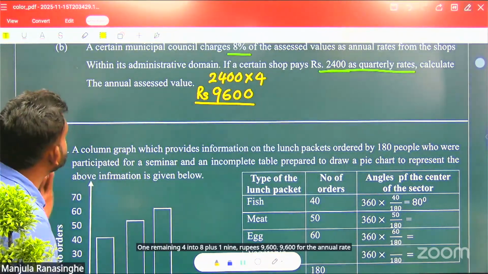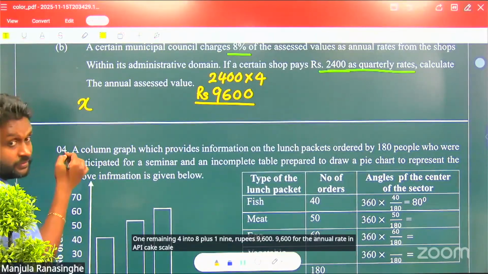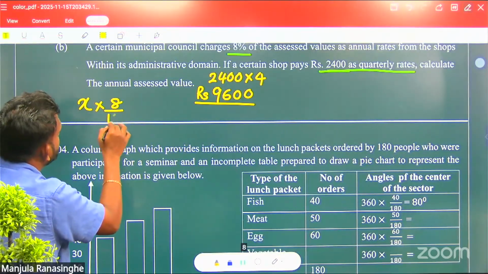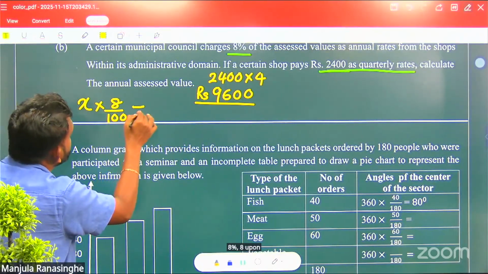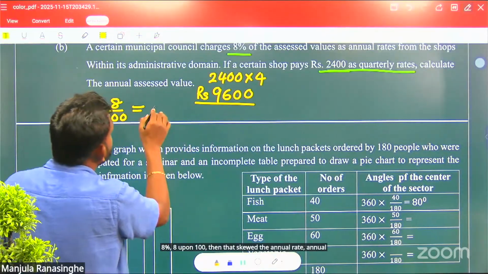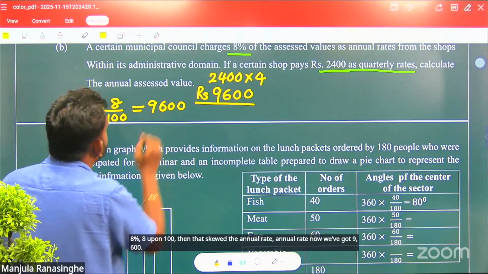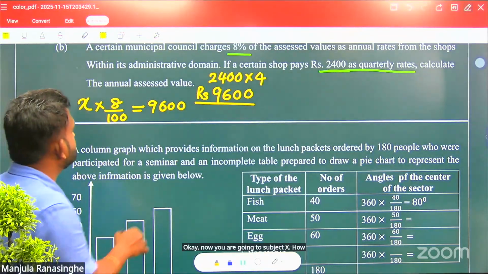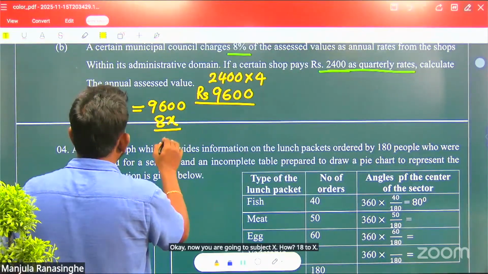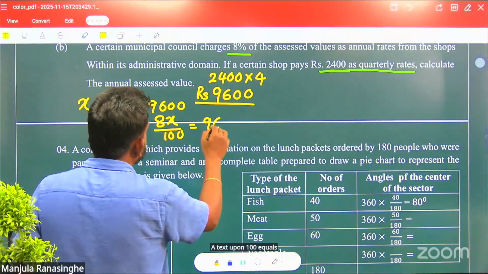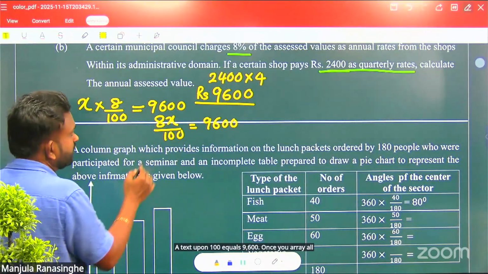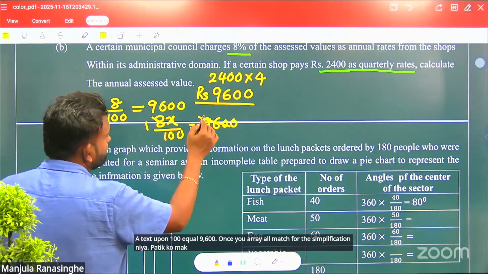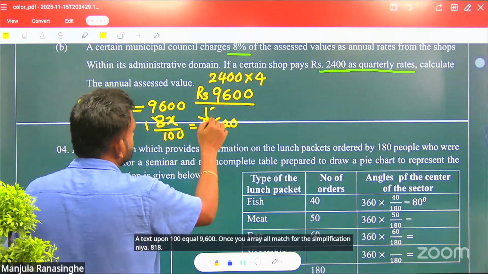Now take the annual assessed value as x. From that x, multiply by 8%, 8 upon 100. Then that gives the annual rate. The annual rate we now got is 9600. So 8 into x, 8x upon 100 equals 9600. In A level maths simplification, we can simplify this 8 on this side: both sides 8 into 1, 8 into 12.